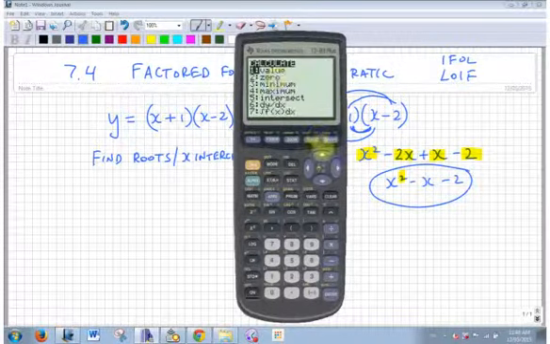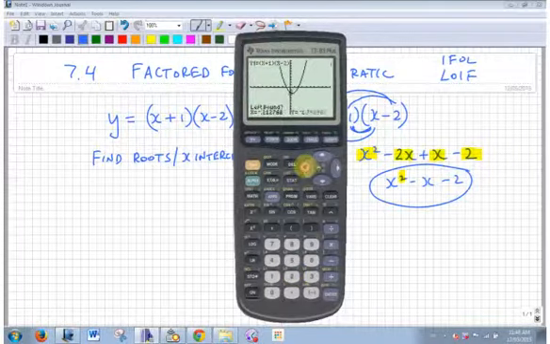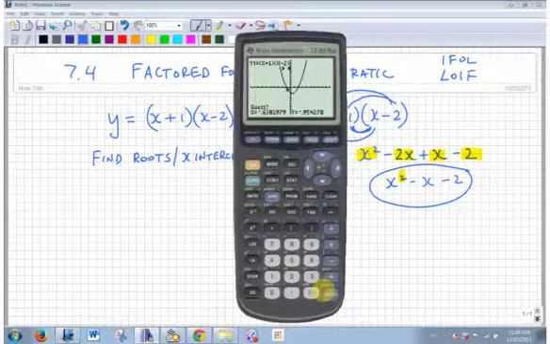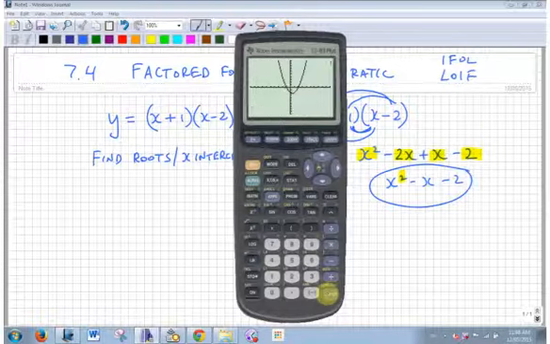Second function, calculate 0. Let's get the left one first. Go left of it, enter. Go right of it, enter. Is it between those two arrows? Enter. Okay, hey, look, -1. Did it look like -1?